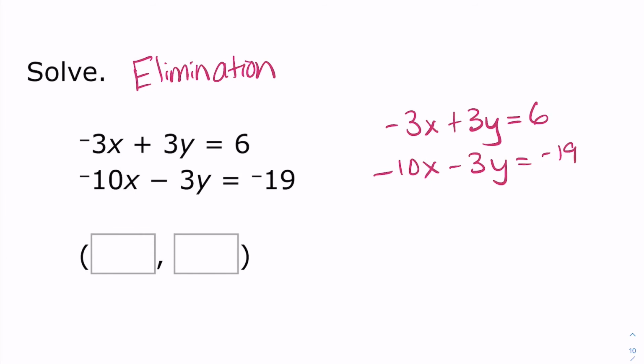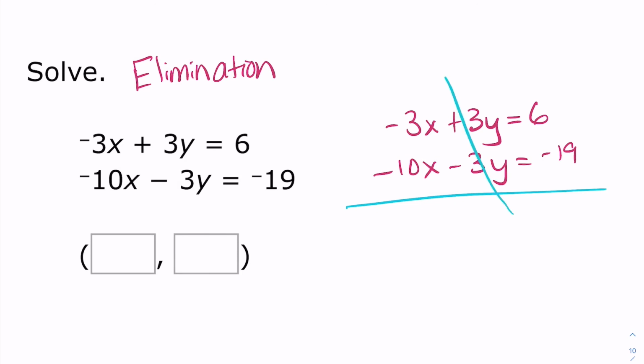And here's why I thought eliminate. Take a look at these two numbers, 3 and 3. One is a positive 3y, one is a negative 3y. If I do this crazy thing and I add them together, think about what happens. What is 3 minus 3?